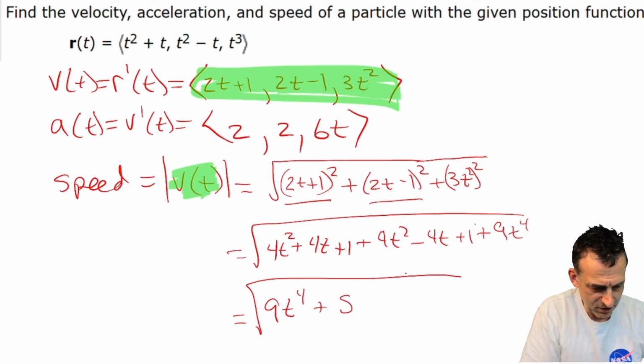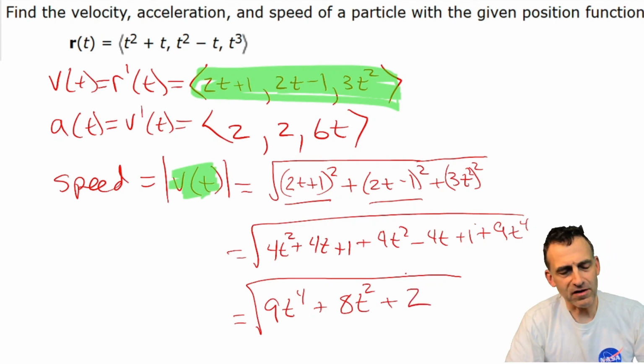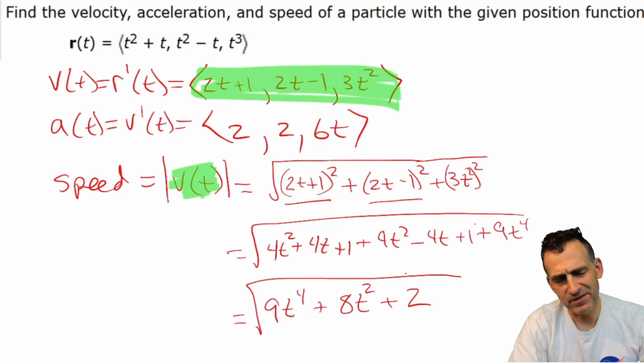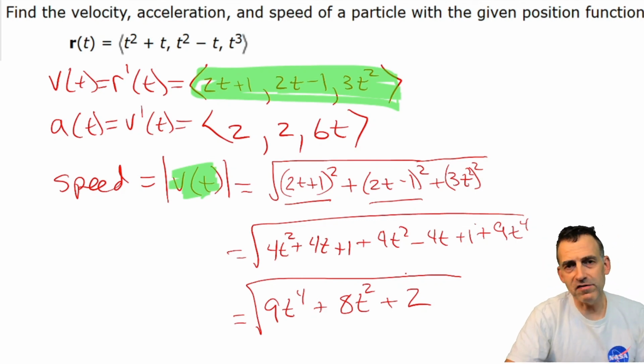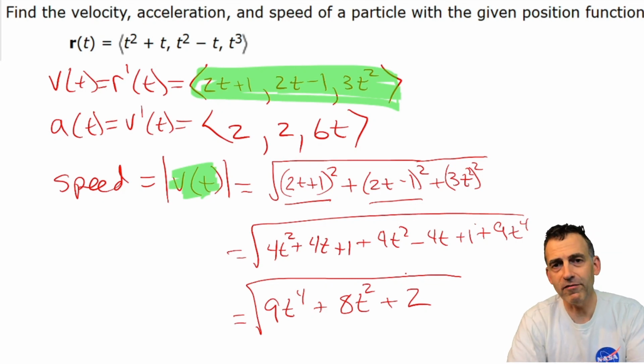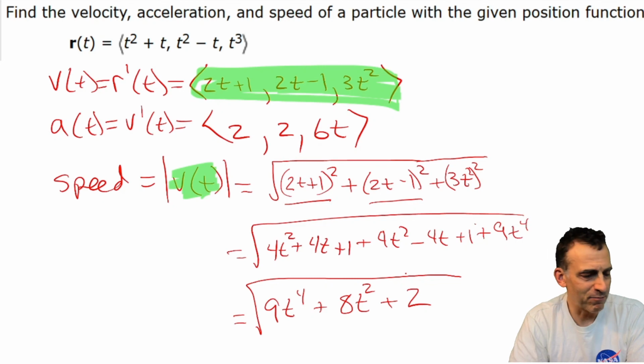Yeah, unfortunately it's just 8t squared, and then it looks like 2. So there it is. Like I said, it'll help me later on to have it. Okay, so in the next video, we'll continue with some examples and actually get to some of the more complicated aspects of motion in 3D.